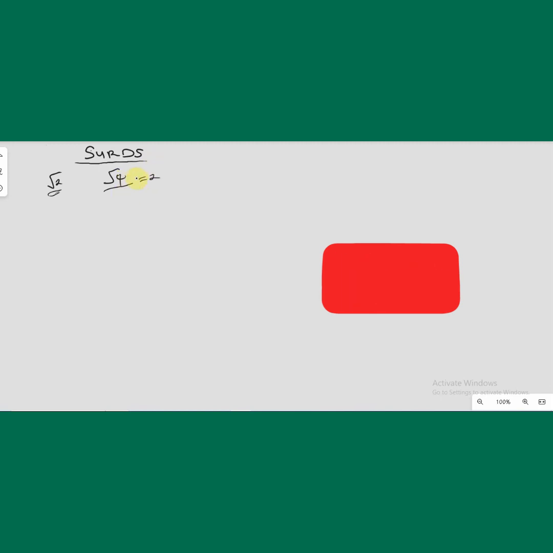So I'm going to be looking at laws, or rather rules, of surds. So I'm going to write rules of surds. We have 3 major rules that guide surds.